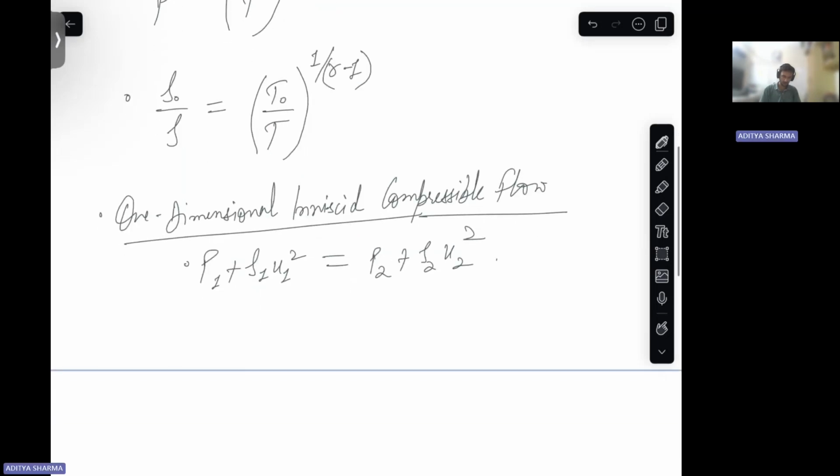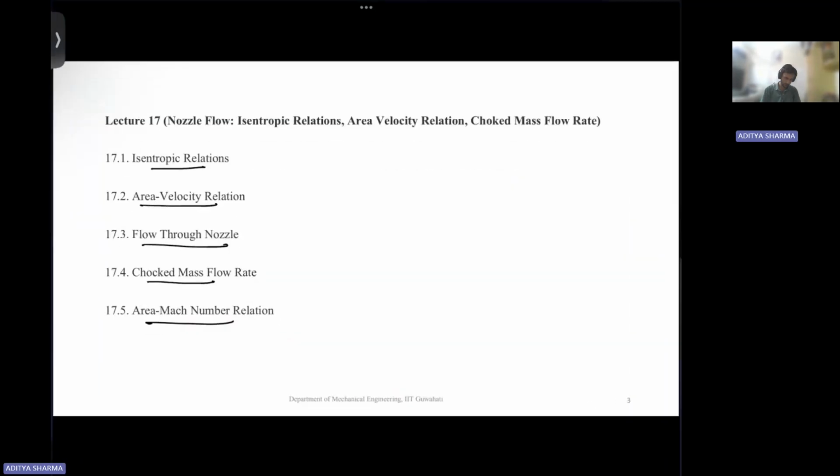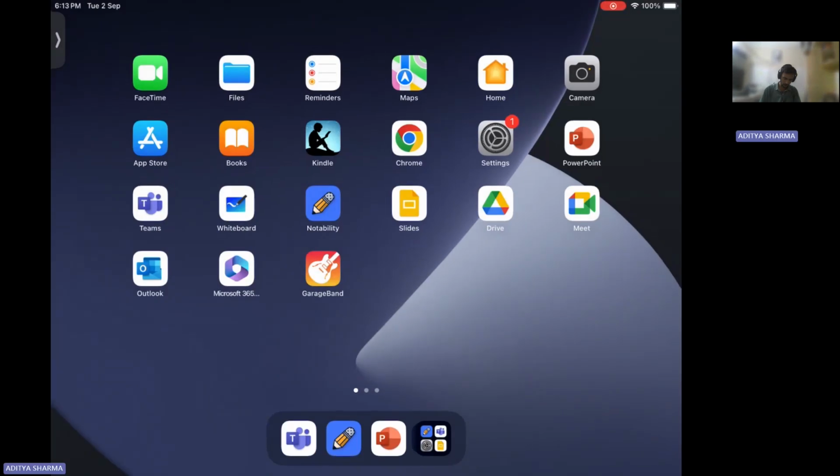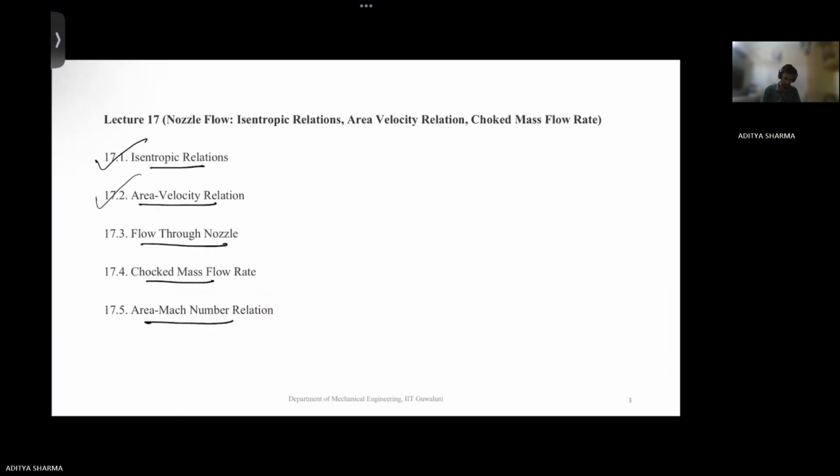After that, you have moved on to the area velocity relation. So what is the area velocity relation?